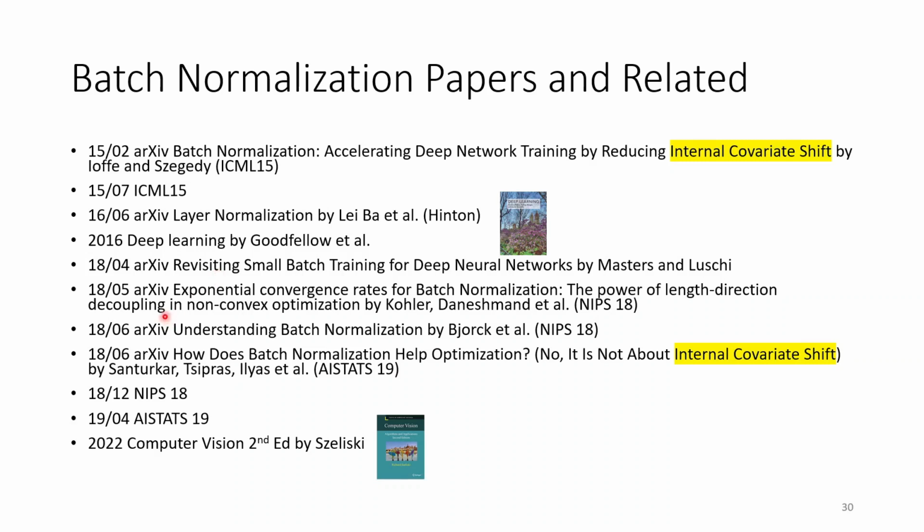Then one month later, another paper was uploaded to arXiv, and it was accepted by NIPS 18. And another month later, there was another paper uploaded to arXiv and accepted in NIPS 18. Oh, NIPS, do you know NIPS? Now it was renamed to NeurIPS. I forgot the full name of NIPS. Let me check it.